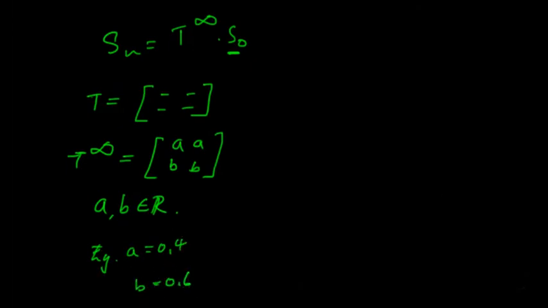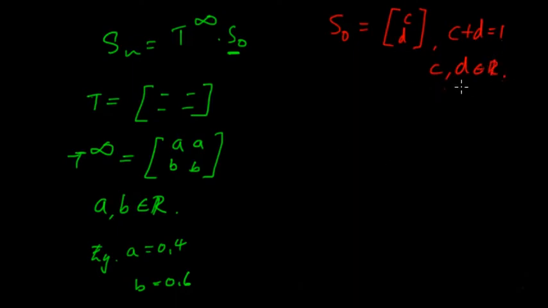And then we have S0. S0 is equal to two numbers, C and D. For probability, the only condition is that C plus D is equal to 1. So I'm letting C and D be any real numbers, so basically it's every single initial condition possible. Now we're going to sub this in and see what the result is. So we'll say that Sn is equal to T to the infinity times S0.